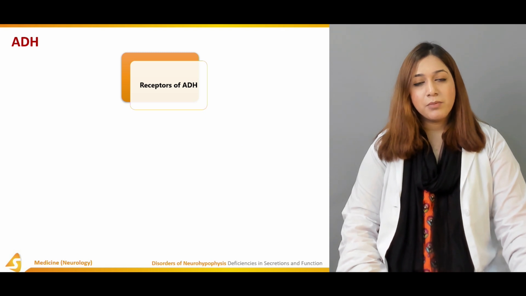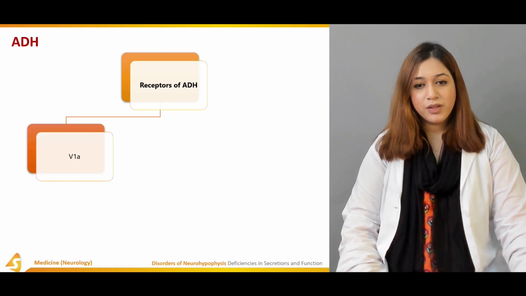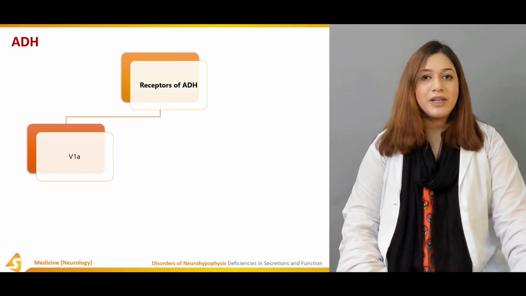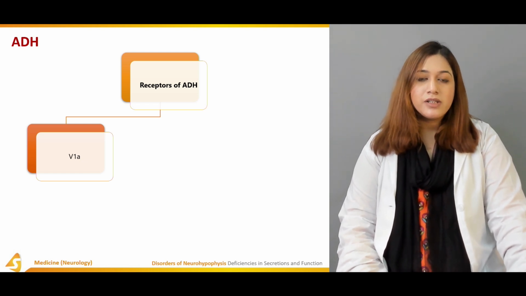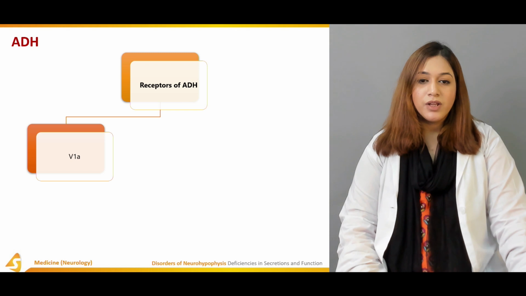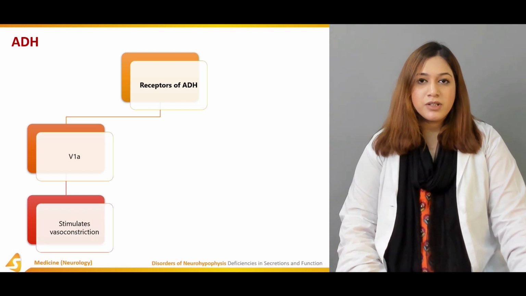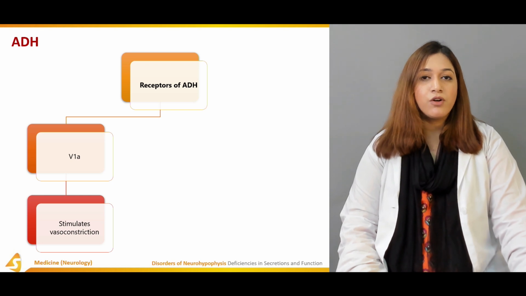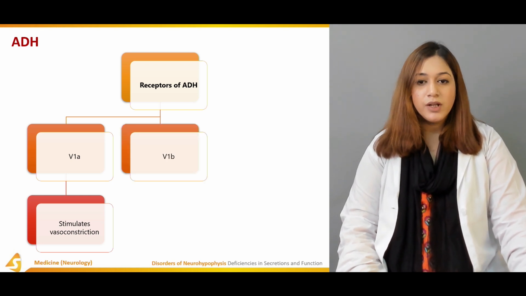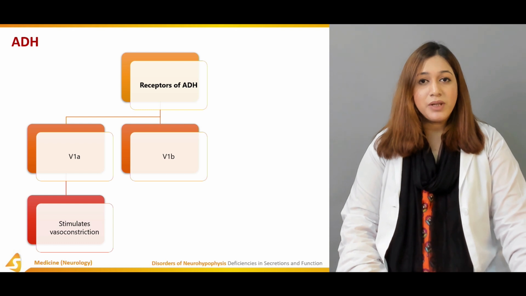If we talk about the receptors of ADH, there are 3 main receptors on which ADH acts. These are V1A receptors. These receptors are found on the arteries, and they are responsible for vasoconstriction. Then we have the V1B receptors.